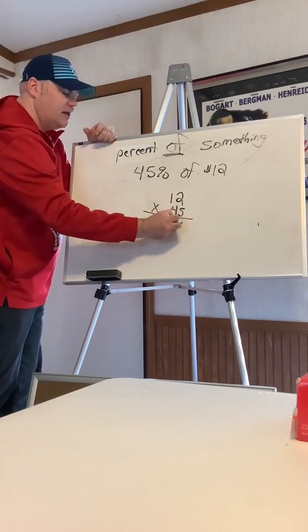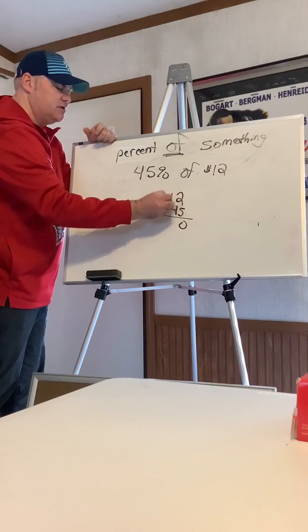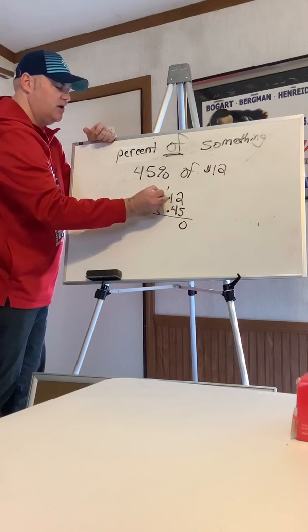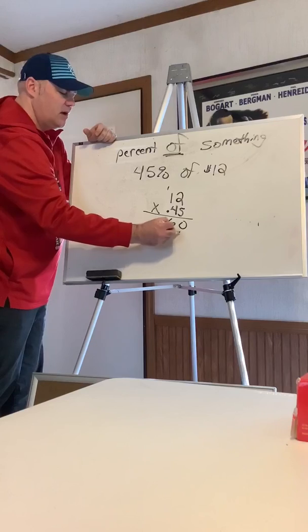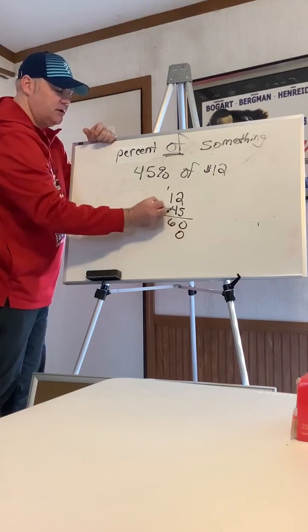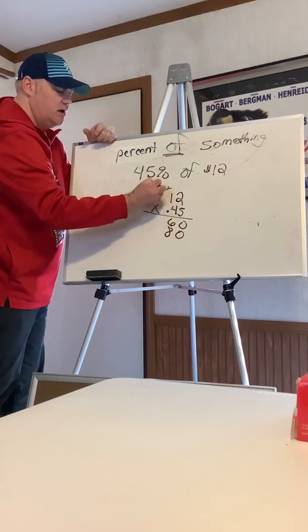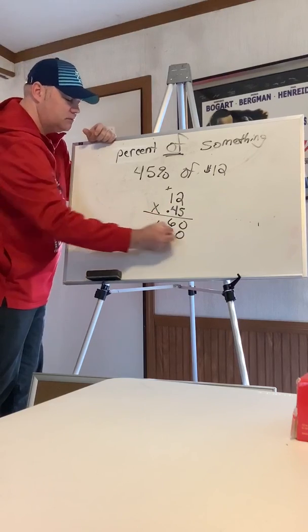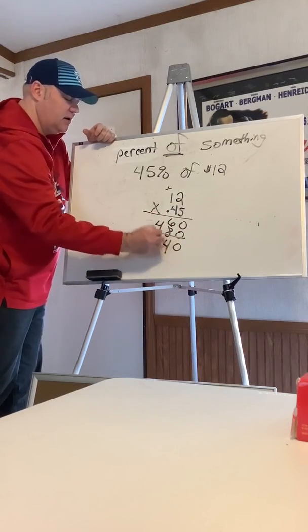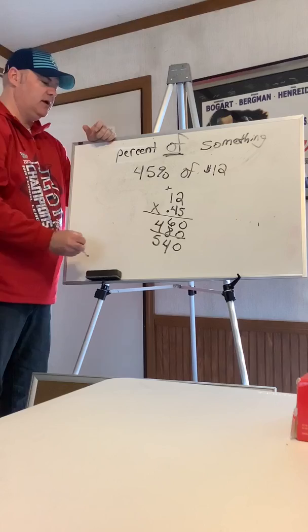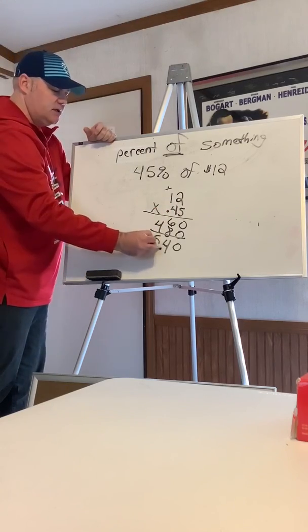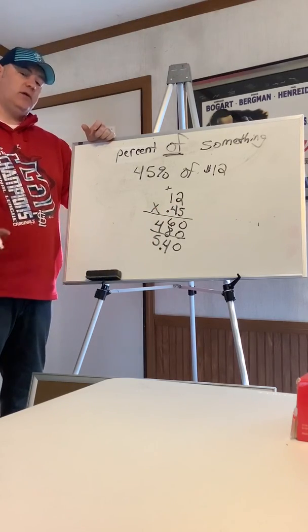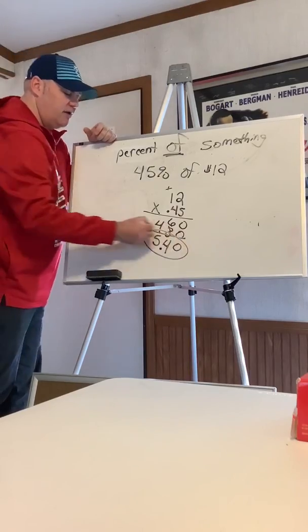When I go to multiply this, 5 times 2 is 10, carry the 1, 5 times 1 is 5, plus 1 is 6. Then start my next row, remember to put a 0. 4 times 2 is 8, 4 times 1 is 4. Add them together. Move the decimal twice, and 45% of $12 is $5.40.